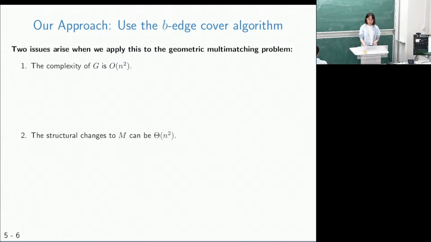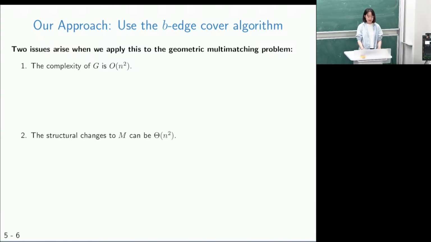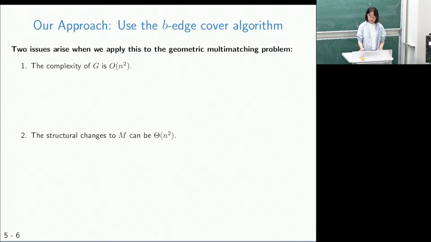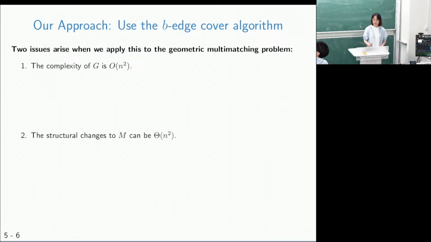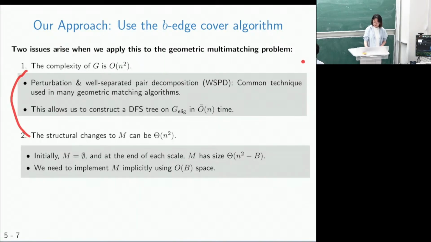The first issue is that the graph itself is quadratic. Although the input size is n, because we are dealing with a complete bipartite graph, the number of edges is quadratic. But the first issue can be handled using some known technique.